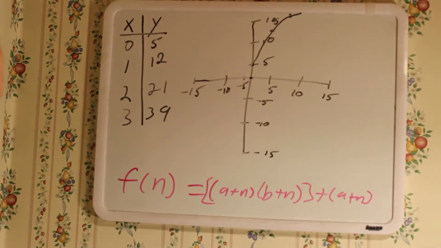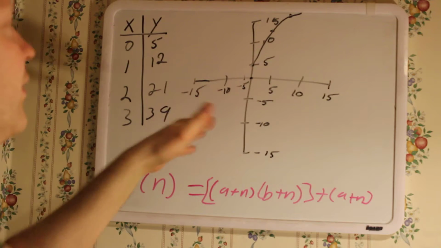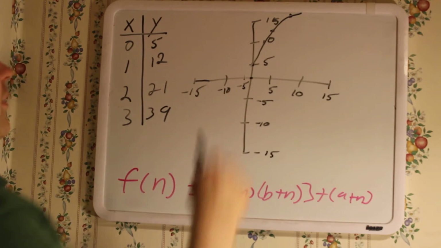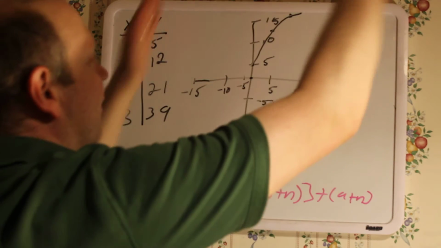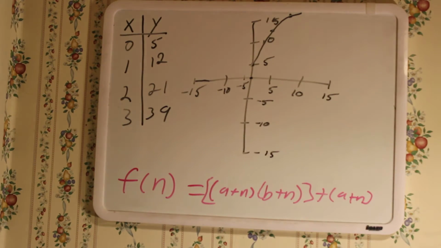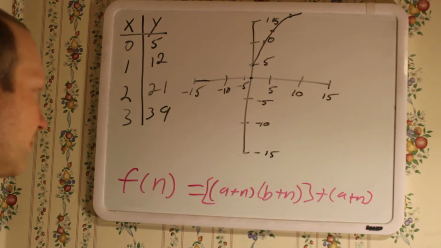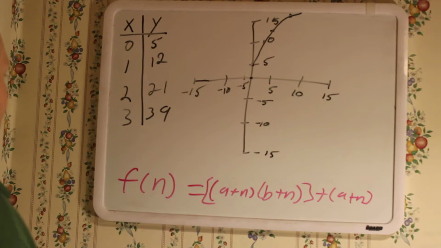And again, you could keep putting in x's and getting out y's and making ordered pair points that would give you this nice line. This one happens to be a nice little curving function. But that is how you go about plotting a function and graphing it.